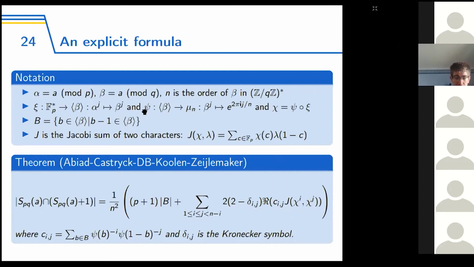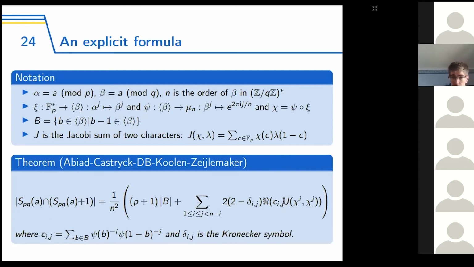The psi that we have here is used to define the elements Cij. The only thing remaining is the j, and the j is the Jacobi sum of these two maps, which are actually characters. So Jacobi sum of two characters is given in this way, and we use it here in this formula.